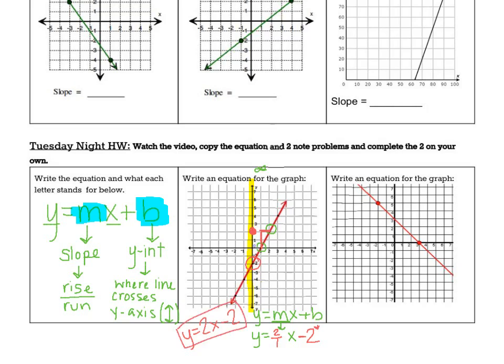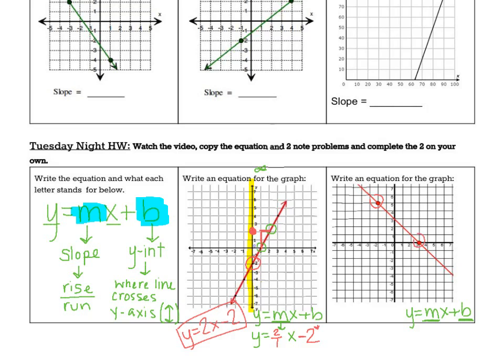Let's try one more together. So again, we're going to use the same format. This is nice. You can always write y equals mx plus b. And we know we're going to look to replace m for slope and b for the y-intercept. Let's do slope first. They again give us points, so we have a point here and a point here.